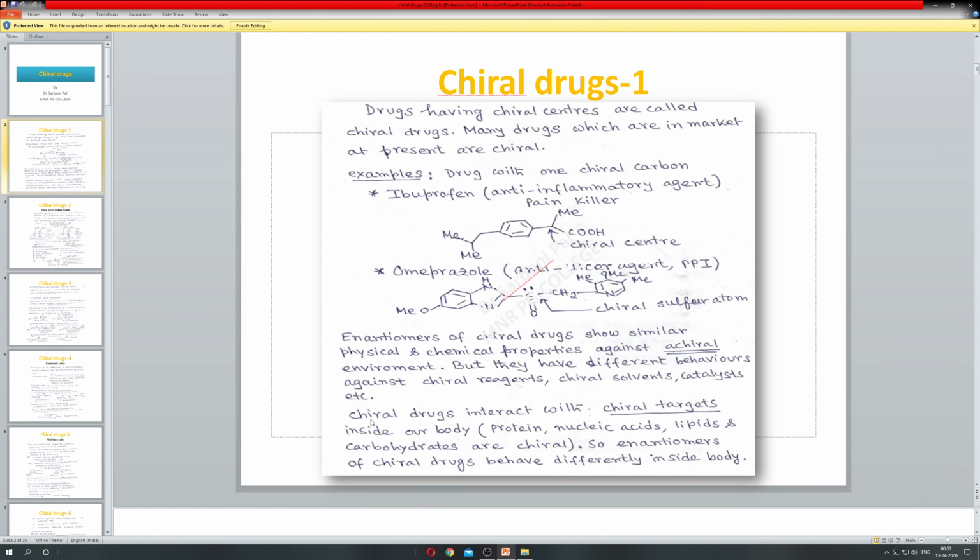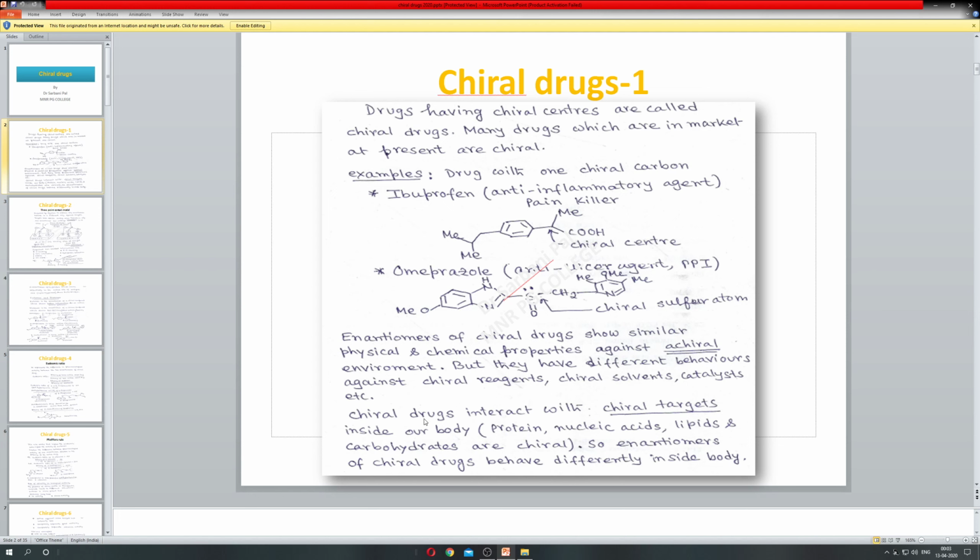But when these chiral compounds interact with chiral reagents or chiral solvents or catalysts, meaning when they are present in a chiral environment, then these enantiomers behave in a different way.